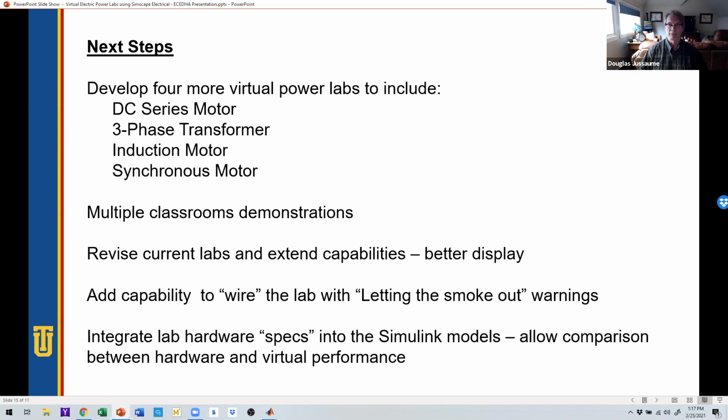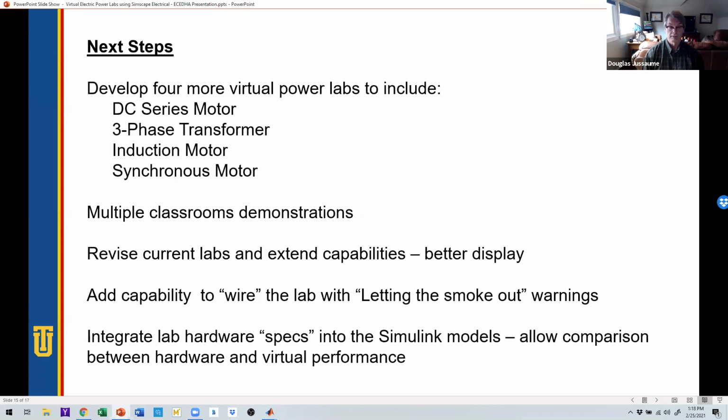One area is a better display, not only displaying the controls for the lab or the panel readouts, but also doing more than just having a simple box representing the system. Also, since the students really want to wire the lab, could we find some way to allow them to wire the lab, maybe with let-the-smoke-out warnings? I think that would be an interesting next step.